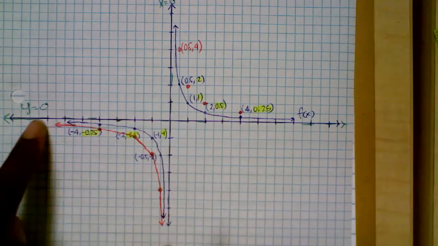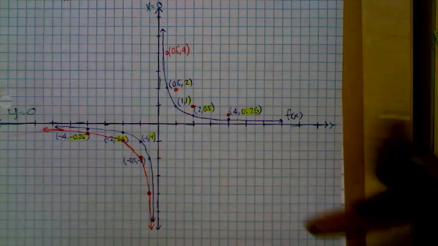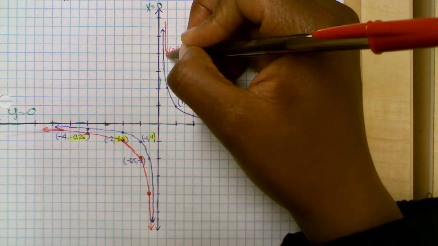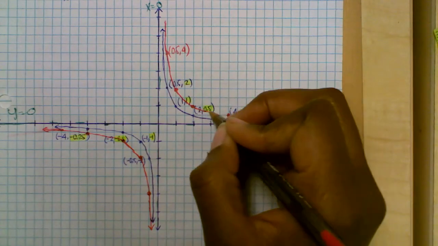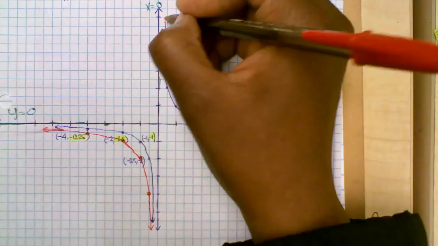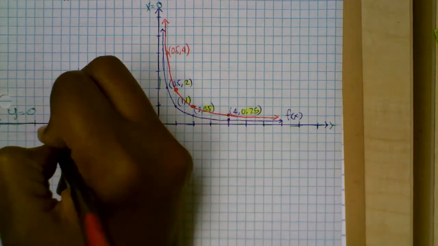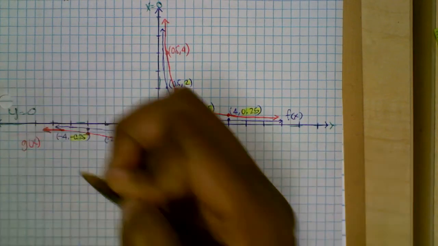It approaches the asymptote but never crosses it. So let's connect the dots. This is the parent function in red, and this is the function g of x.